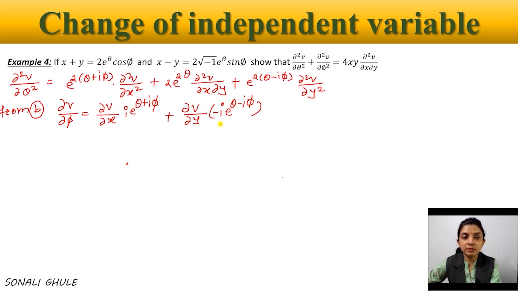Okay. Now simplify the term here. So from this I can write the value for the differential operator dou by dou phi is equal to i common I can write. Okay.